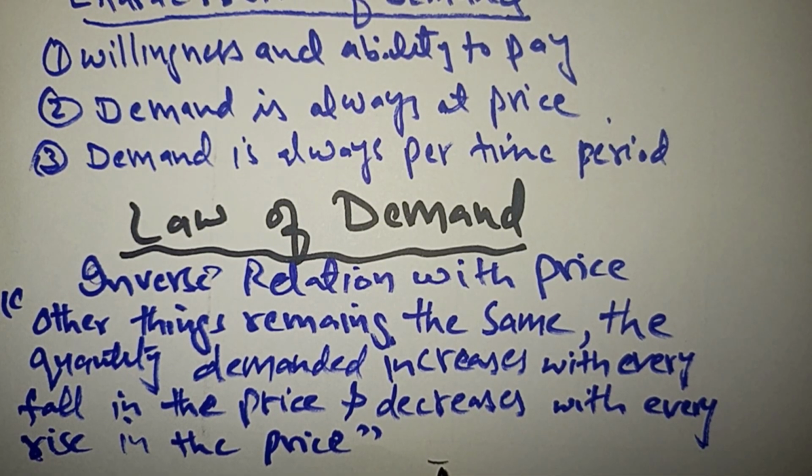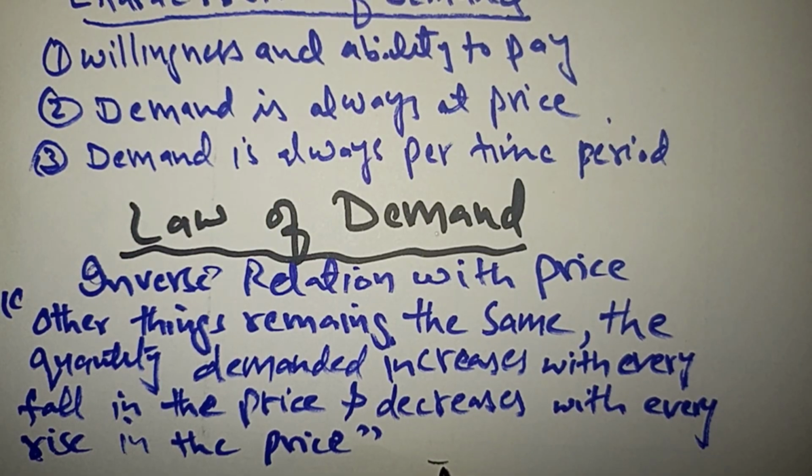There is no doubt that demand responds to price in the inverse direction, but there is no uniform relation between them. It means there is no specific increase or decrease between price and demand.